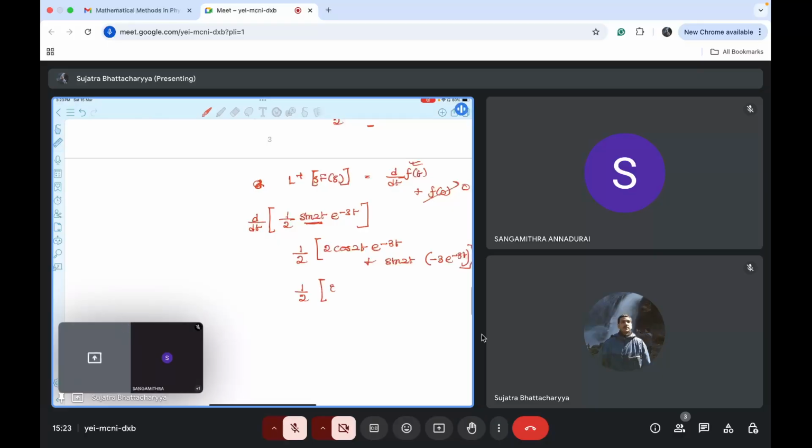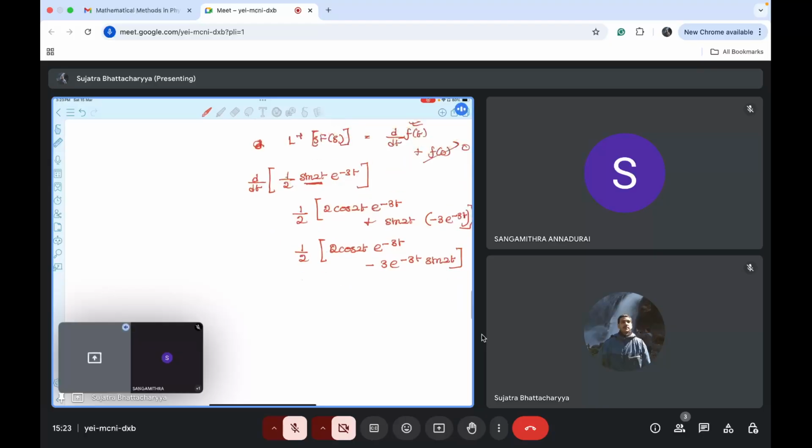So you have 2 cos 2t e to the power minus 3t minus 3 e to the power minus 3t sine 2t. So what finally we are getting is, let us take 2 inside, and e to the power minus 3t can be taken common, of course. This becomes cos 2t minus 3 by 2 sine 2t. That's all. So this is what you will get as an answer.